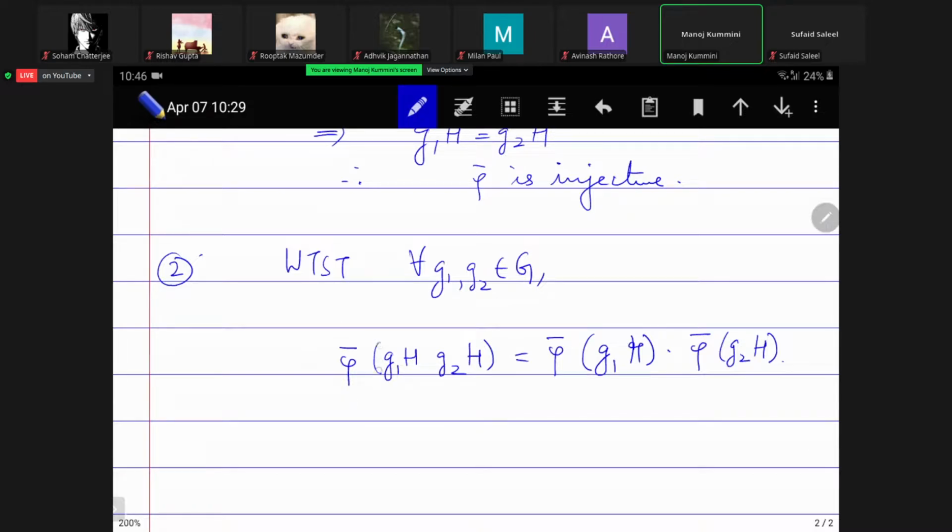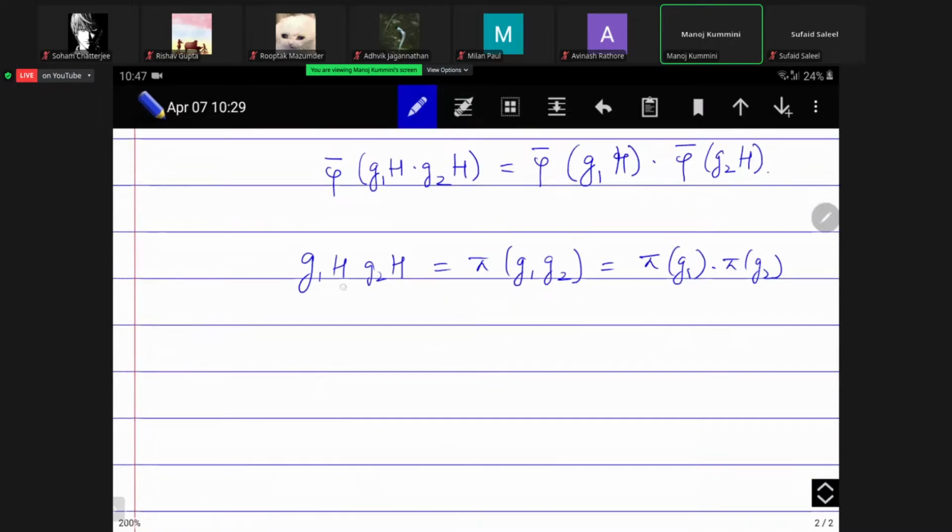But this is where the group homomorphism comes in. So this is phi bar of g1H, g2H, the product inside G mod H. That is the same thing as phi of g1 g2, right? Which is pi of g1 times pi of g2.